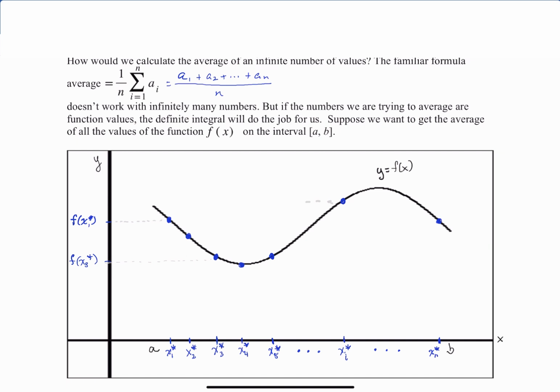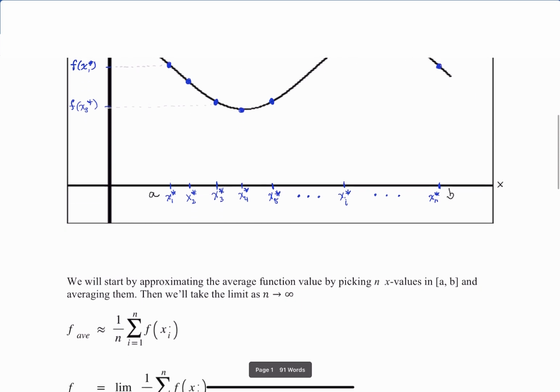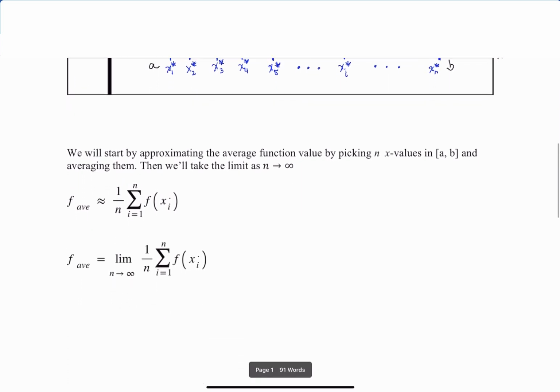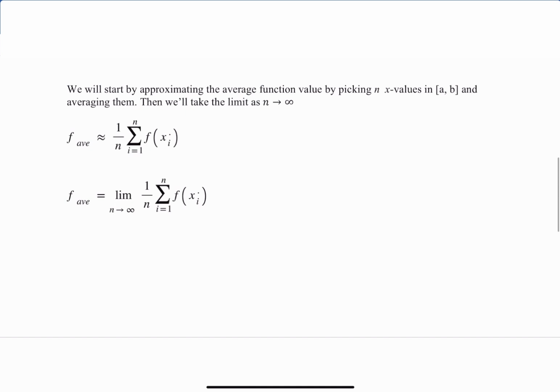In the middle there we have the generic f of x sub i star. And like I said, we're going to use these to approximate the average of all the function values by simply adding them up and dividing by n.